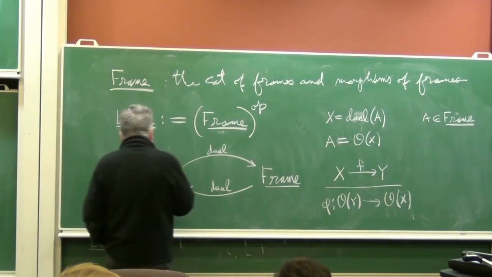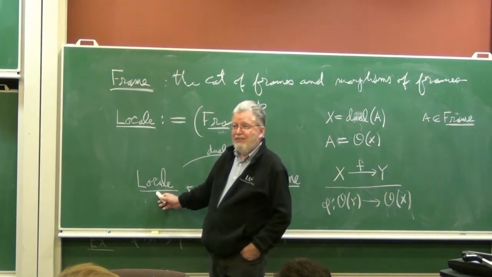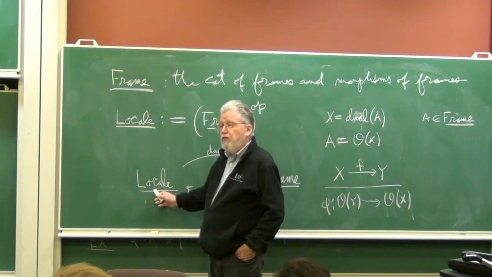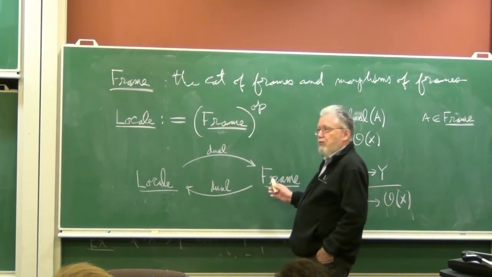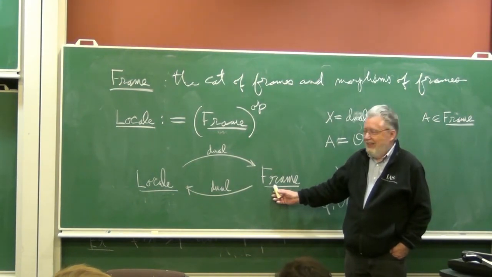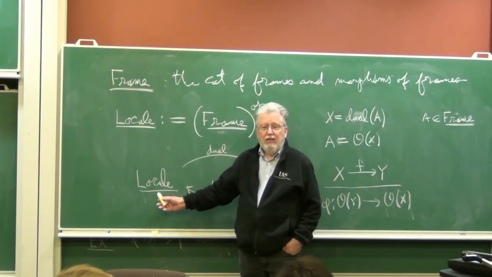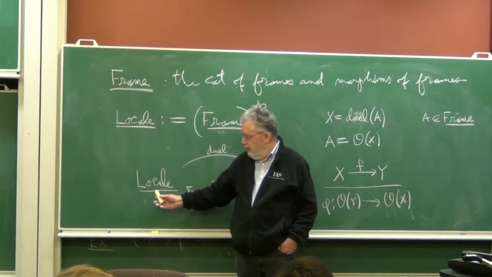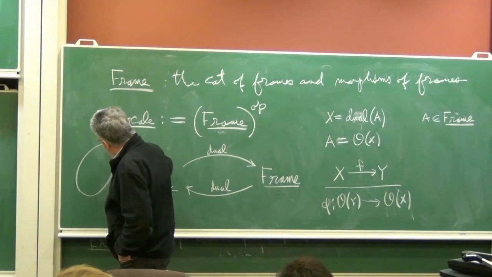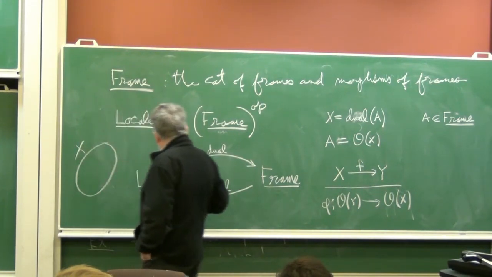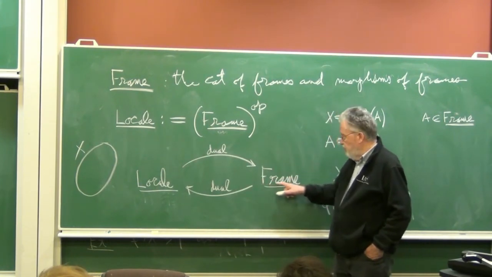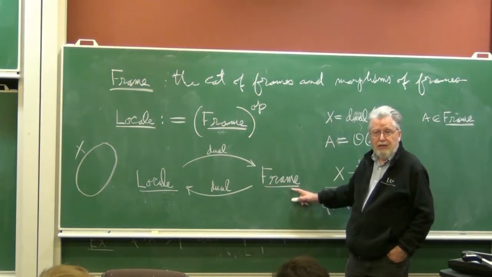Okay, so people doing formal topology are in a curious situation. They study locales, they are interested in the category of locales, right? But somehow each time they want to prove something, they move here and they prove something here. They think geometrically here; visually we see the locale. We think of a locale as some kind of space, you know. But if you want to prove something, you have to go back to the construction of this locale as a frame and prove something here.